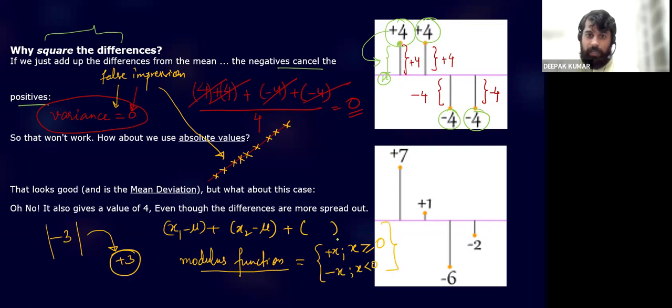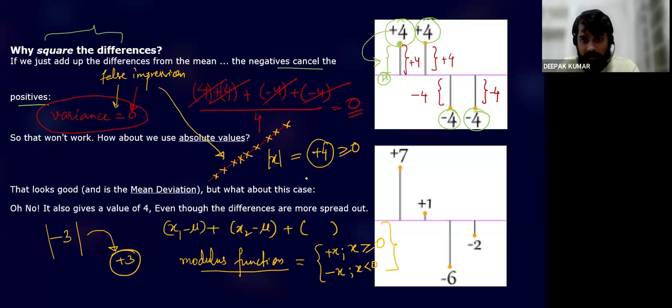What is the meaning? Say you have +4. Is it greater than or equal to 0? Yes, it is. It means mod x will be considered as +4 only. But by chance, if this x is -4, I have taken a -4 point, this value is actually less than 0.